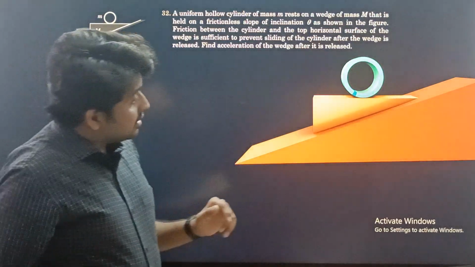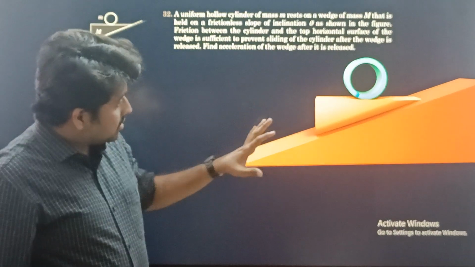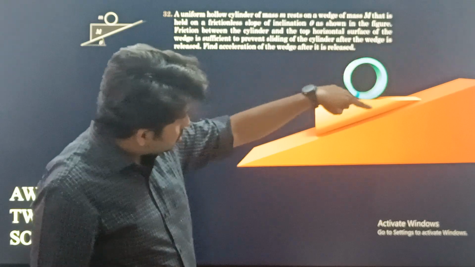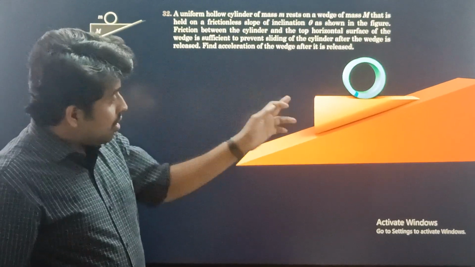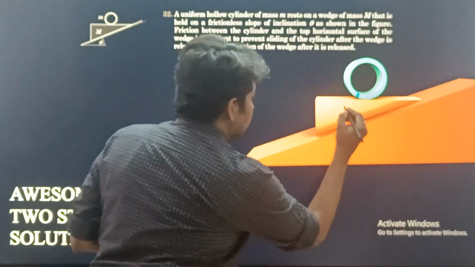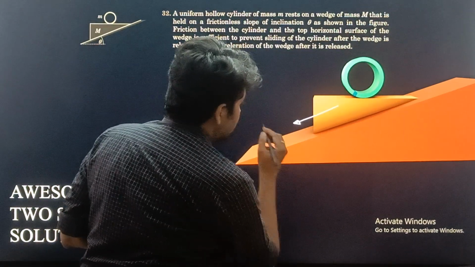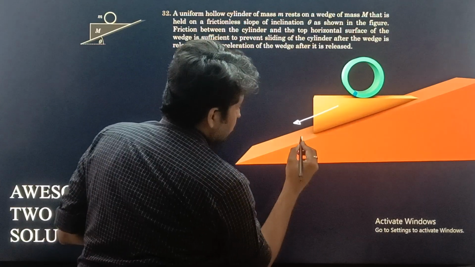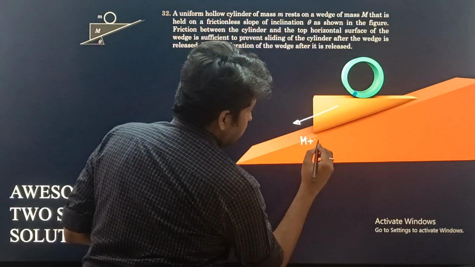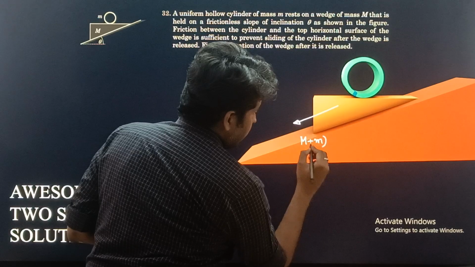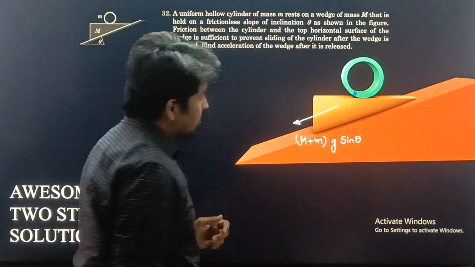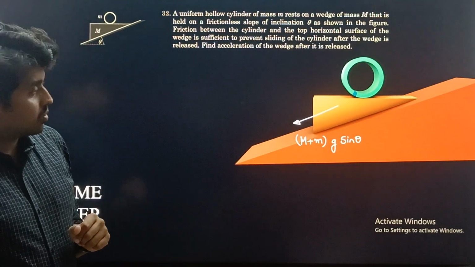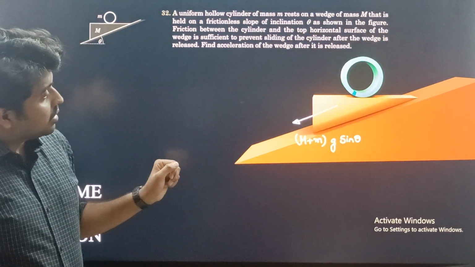See, in this solution, the first thing is I'm going to take both the cylinder and the wedge as a system. So on the cylinder and the wedge, the net force in this direction will be (M plus m) into g sin theta. This is the net force on this in this direction.